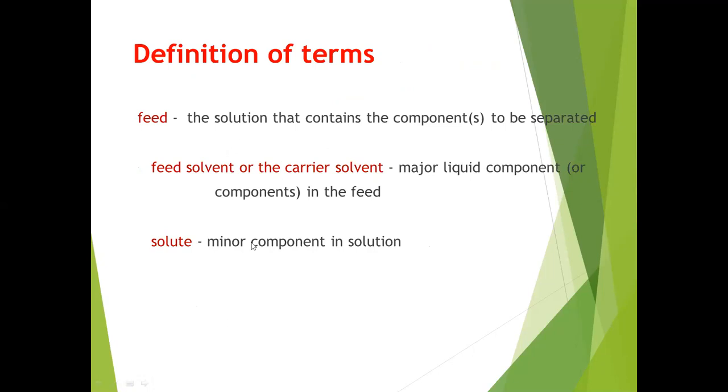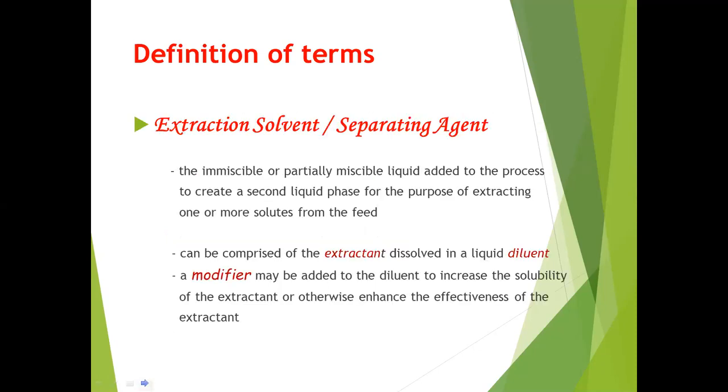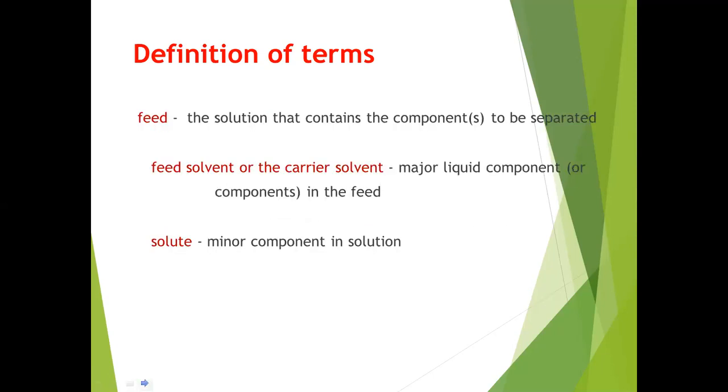The feed solvent or carrier solvent is the major liquid component in your feed. So the feed is the solution that contains the components to be separated, the one that is being processed. The one that is used to extract the component from the feed is the extraction solvent.